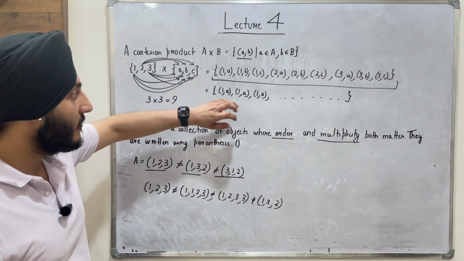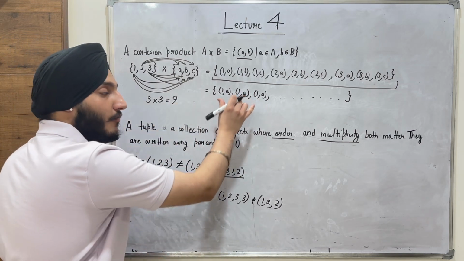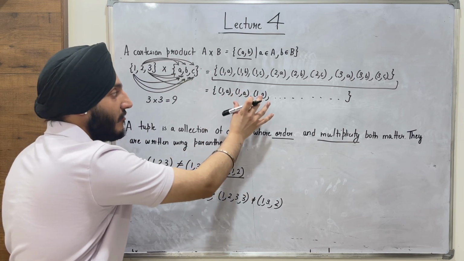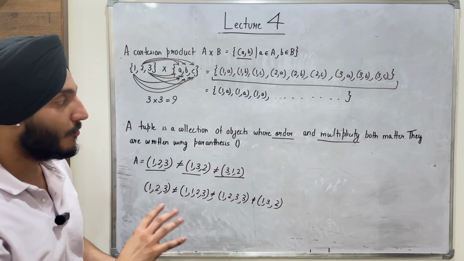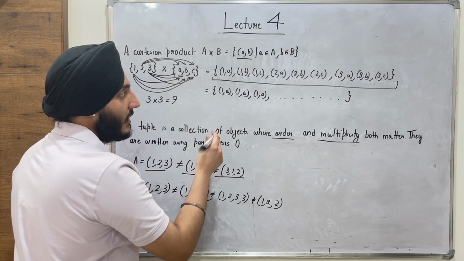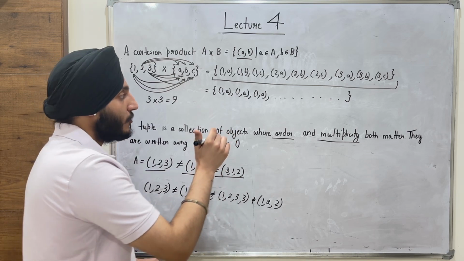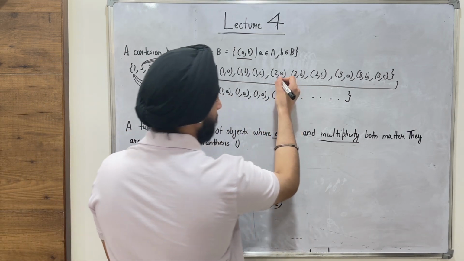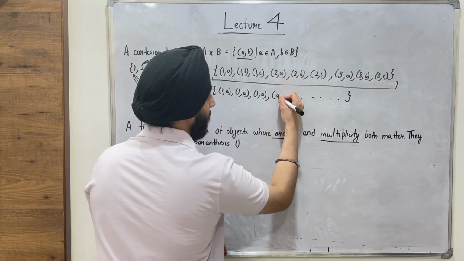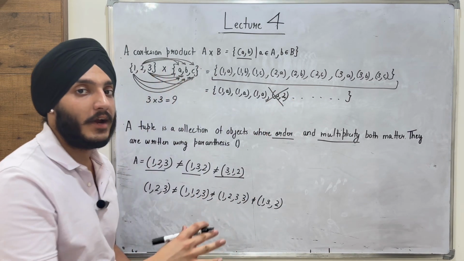I can write this tuple multiple times because it is an element of this entire set, right? So it doesn't really matter. But the problem comes if I rearrange the elements inside this tuple, that would result in a different tuple, and that would be incorrect. So if I write this 2 comma a as a comma 2 over here, this would be incorrect. You cannot write it this way, right?